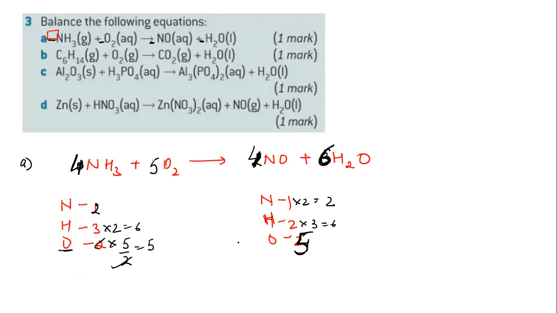Now try to do the second one quickly. Second equation is C6H14 plus O2 gives you CO2 plus H2O. Do it quickly. Okay, I will clear this first and then we'll do.